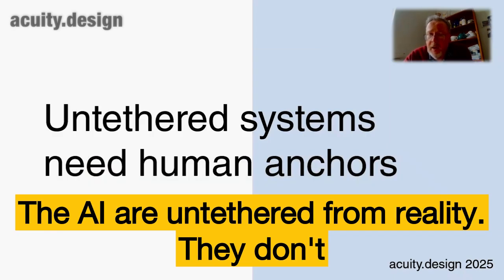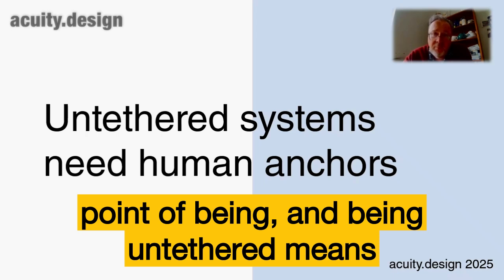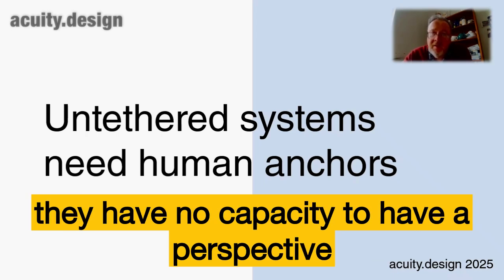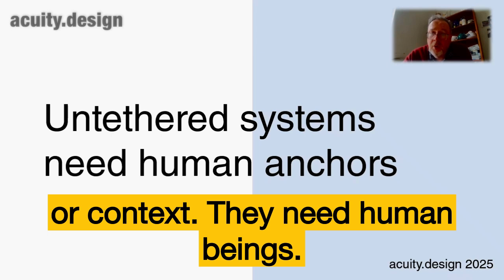The AI are untethered from reality. They don't have bodies, they don't have any actual fixed point of being. And being untethered means they have no capacity to have a perspective or context, and they need human beings.